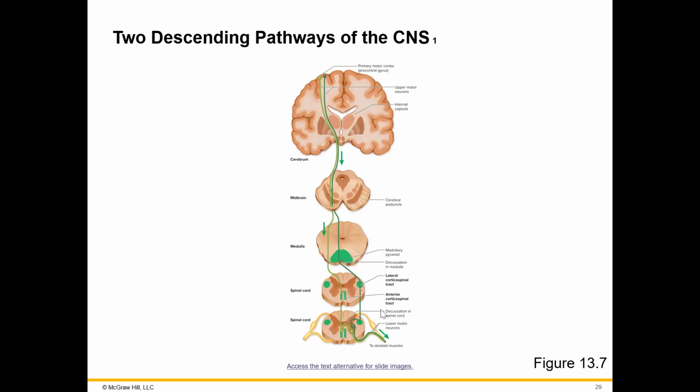Which of these two tracts decussates, the lateral or the anterior corticospinal tract? What's the name of the tract that decussates between these two tracts labeled in bold here?